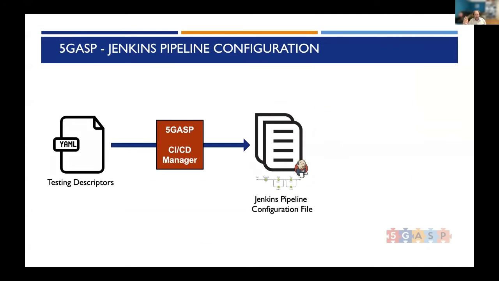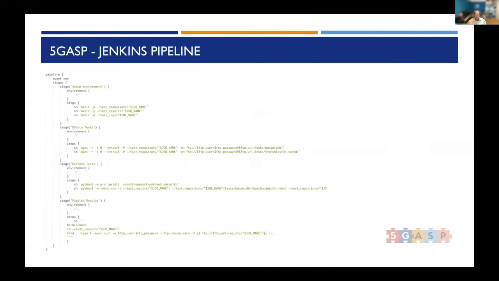Now, regarding the stages of the pipeline, first, what we do is we set up the testing environment. Jenkins will request that from the test repository, as that is part of the upload initially. These tests are created using the robot framework, and they will address how the NetApps are going to be tested, but there are going to be two types of tests.